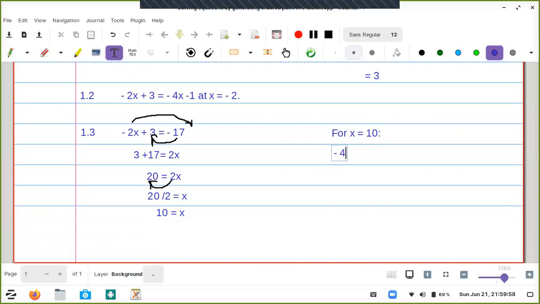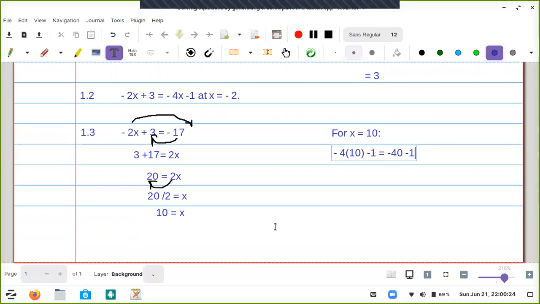Minus 4x. Remember, I'm multiplying 4 by x, but my x is what? 10. Then minus 1 gives us negative 4 times 10. We come up with negative 40 minus 1.